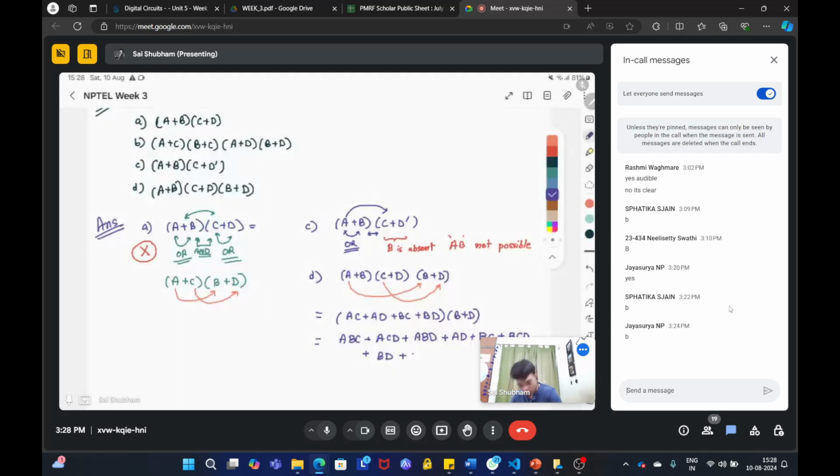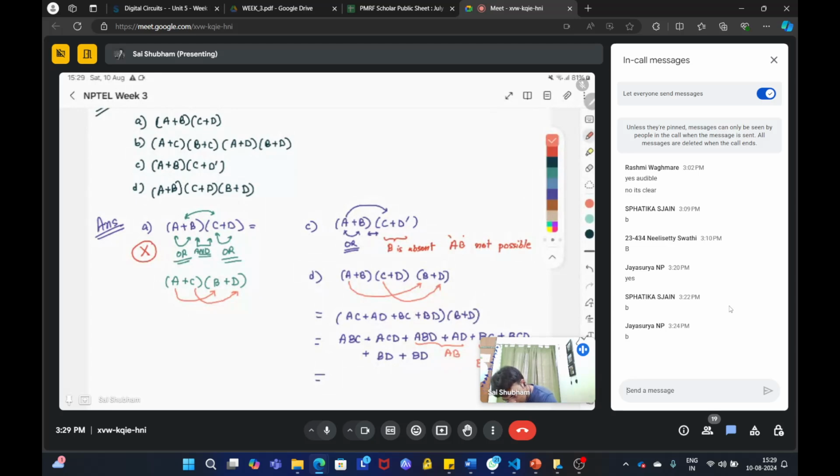Okay. Now this is basically BC, because you can take BC common, BC into 1 plus D. This will be 1 only. Okay. Similarly, this will be AB only. Okay. Now what else?